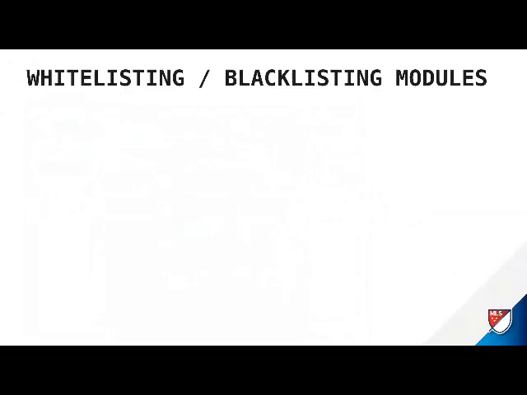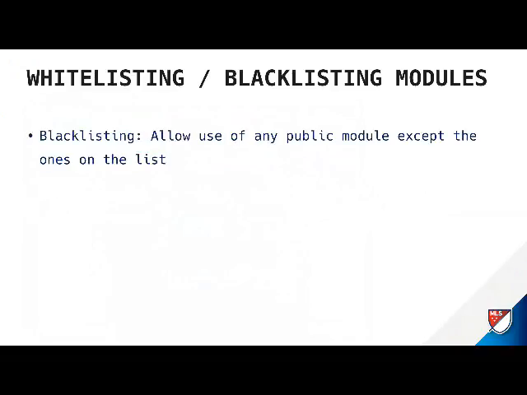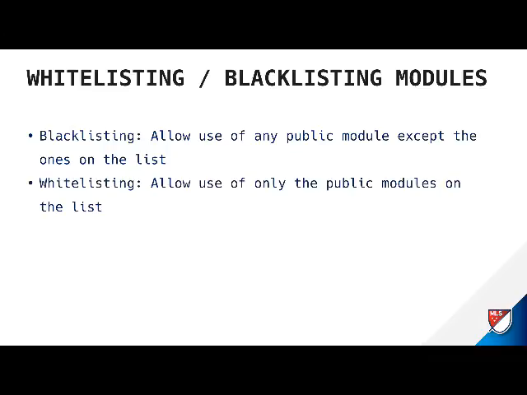The first way to secure dependencies, which we actually talked about in code discovery a little bit, is whitelisting and blacklisting modules. Blacklisting modules is basically we allow the use of any public module except the ones on the list. So maybe we have a known list of NPM modules that are pretty shady, so we don't want them installed. This is one way to solve that. Now, I'm a much bigger fan of whitelisting, which is basically allowing use of only the public modules on the list.